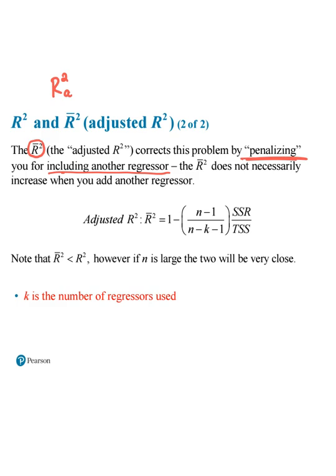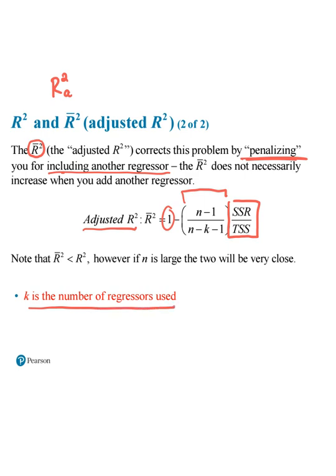So we want to calculate something called the adjusted R squared that takes into consideration the number of regressors. We're still going to have 1 minus SSR over the total sum of squares, but we're going to multiply it by this new amount right here, n minus 1 over n minus k minus 1, where n is the number of observations and k is the number of regressors.